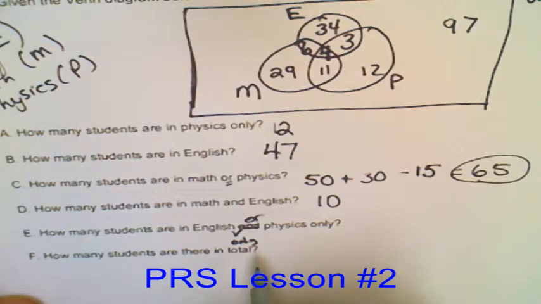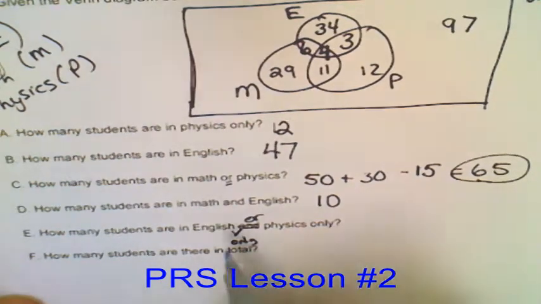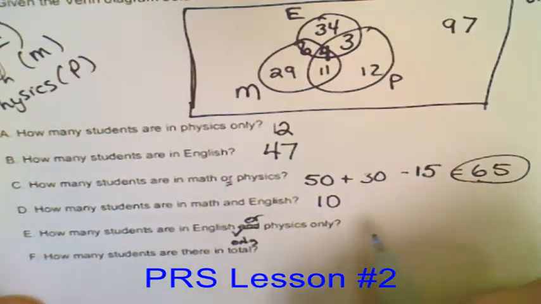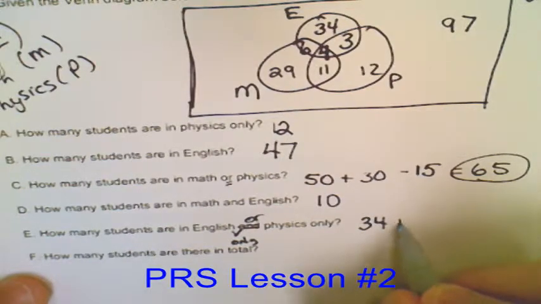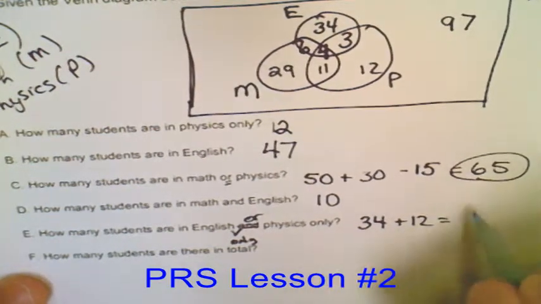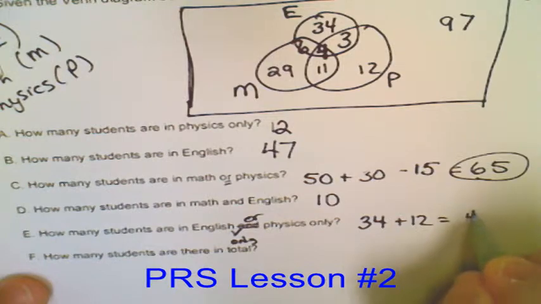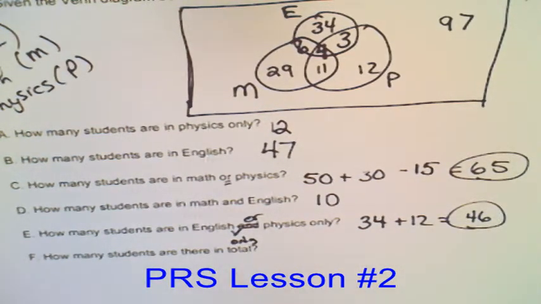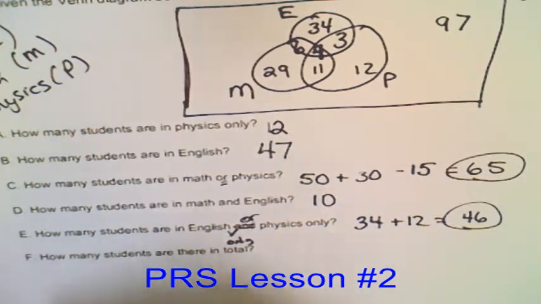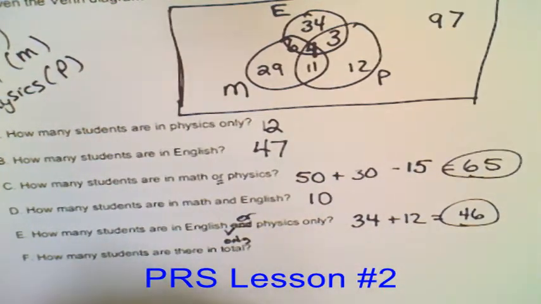How many students are in English and physics only? Okay, so now there is a little bit of a wording issue here, and I wrote this, so this is my fault, I guess. I'm going to say this is English only or physics only.